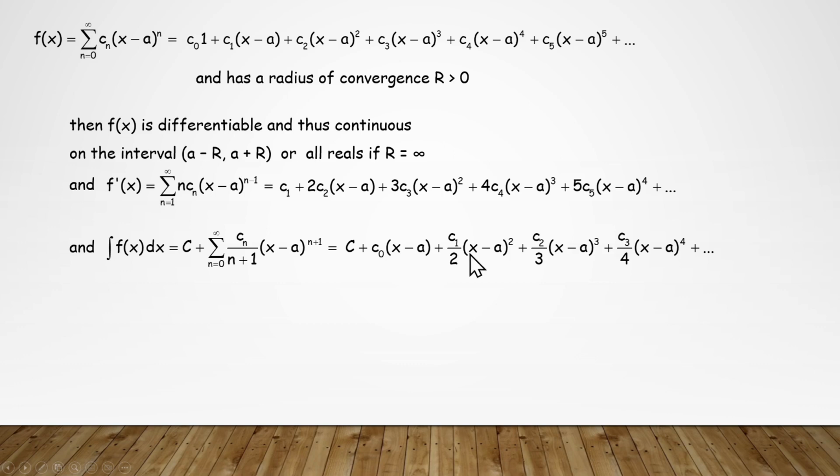And if we're going to integrate the next term, we'll raise it to the second power, but then we'll have to take c sub 1 divided by 2. If we take the integral of this term, we'll raise it to the third power, but then divide by 3. So that's why you see c sub 1 is divided by 2, which is 1 plus 1, and the 2 here is divided by 3, which is 2 plus 1, and so on.